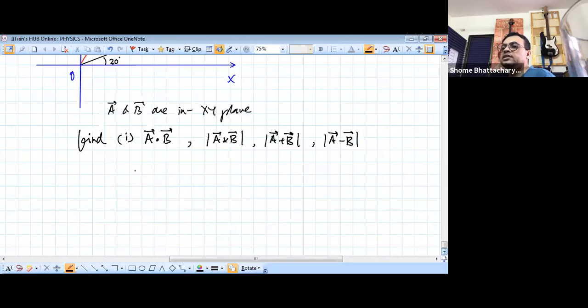Then secondly, find A cross B in component form.